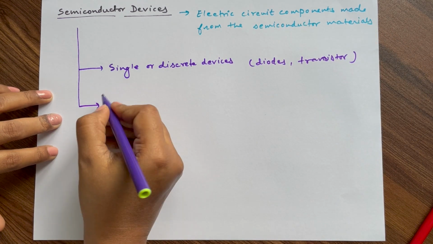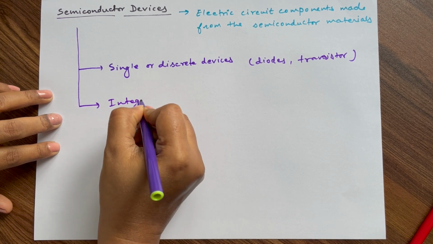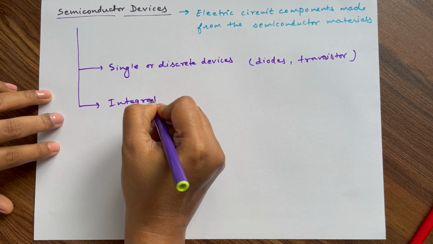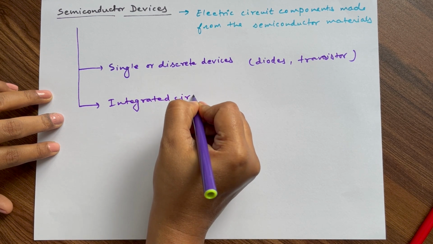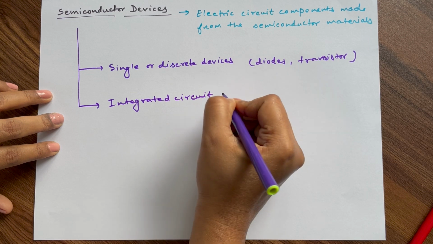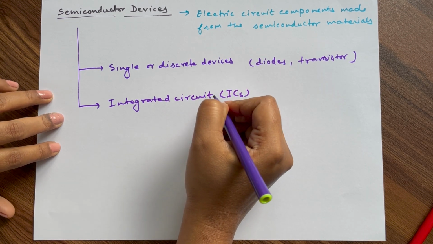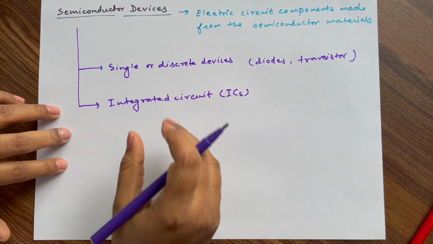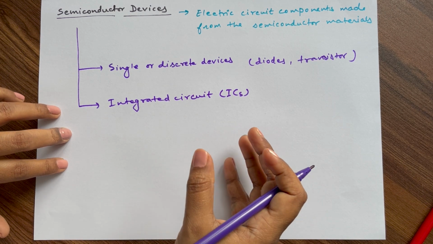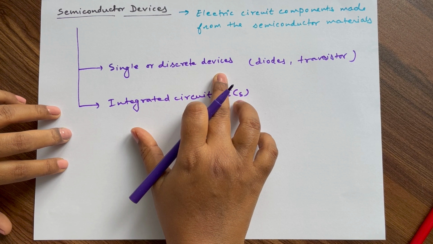Other one is integrated circuit. You have heard this name, integrated circuit, also called ICs. So what are these ICs? These ICs are sets of electronic circuits that consist of two or more single discrete devices.